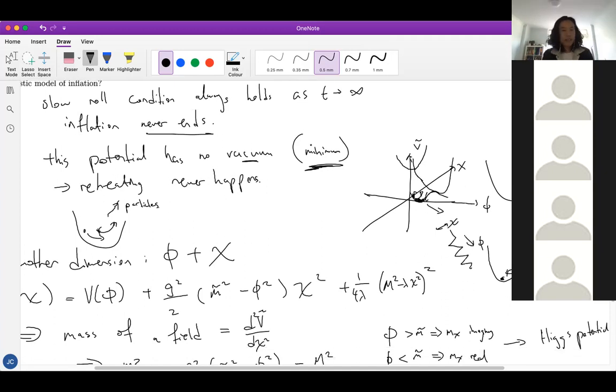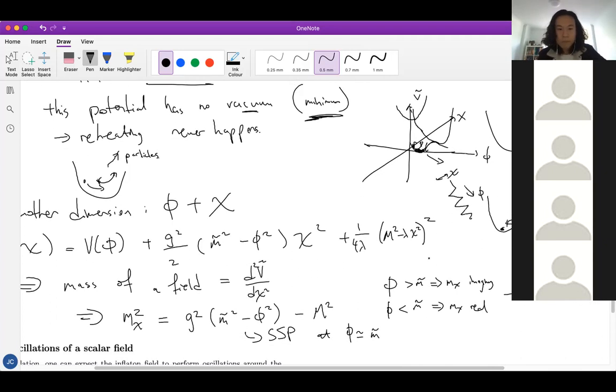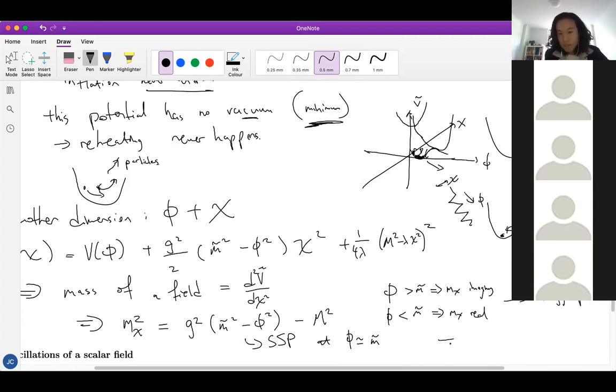So then you exit inflation, and you're able to force the inflaton field to decay into standard model particles. This is called hybrid inflation, where you're using the phi field to drive the actual inflation, and then you use the chi field to break the inflation and drive the reheating process.